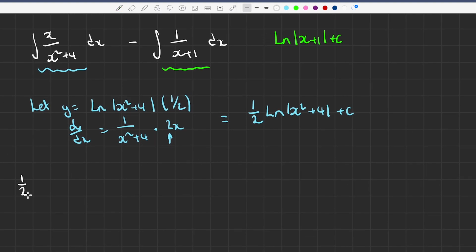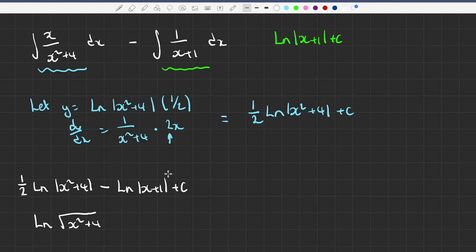We get 1/2 times the natural log of x squared plus 4 minus the natural log of x plus 1 plus a constant. We can use the power rule of logs and move this half over to here. So we get the natural log of the square root of x squared plus 4. And we can use the power rule here, so this negative becomes this negative up here, which is -1.